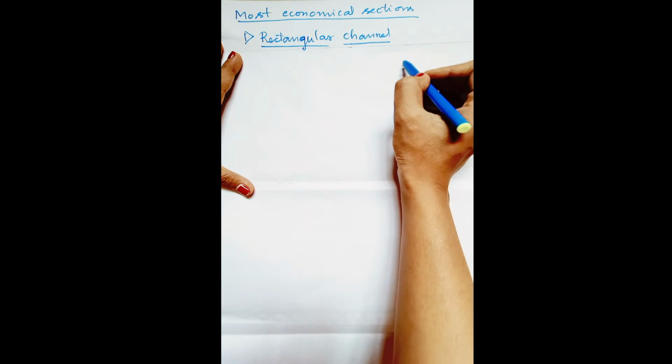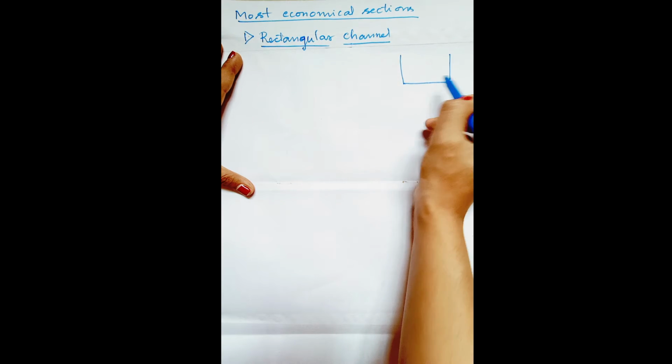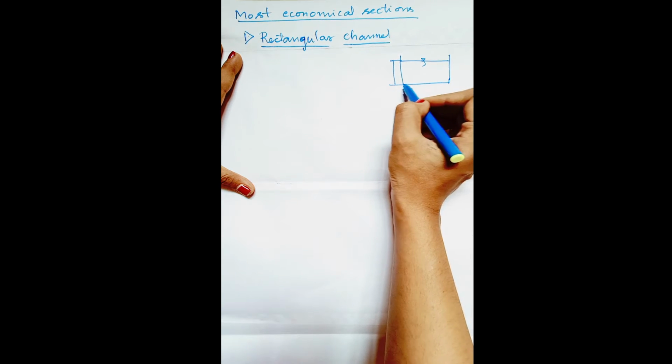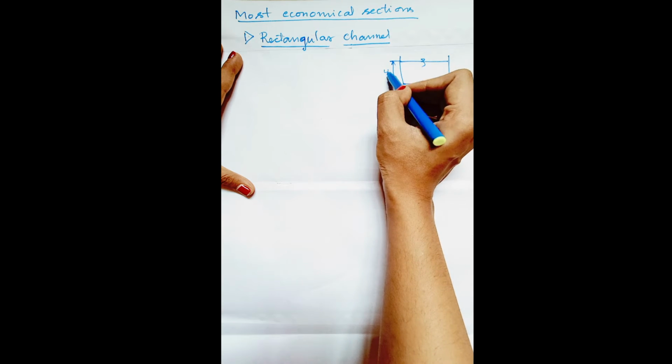To derive the most economical condition for a rectangular channel, let us consider a rectangular channel of width B and depth of flow Y. I'll just write a figure here.